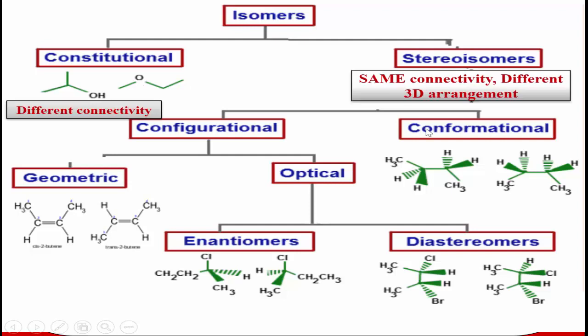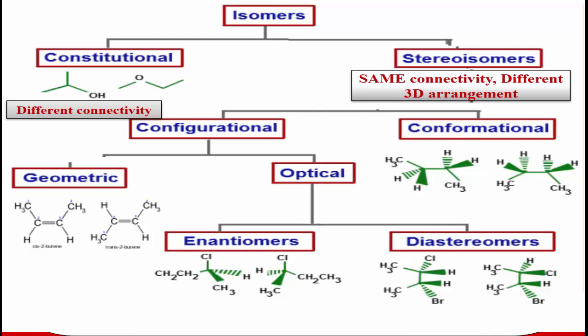So stereoisomers are the ones which have the same connectivity. The connectivity between the atoms will always be the same, it won't differ, but they do differ in the three-dimensional arrangement around certain elements. These are again further classified into configurational and conformational.